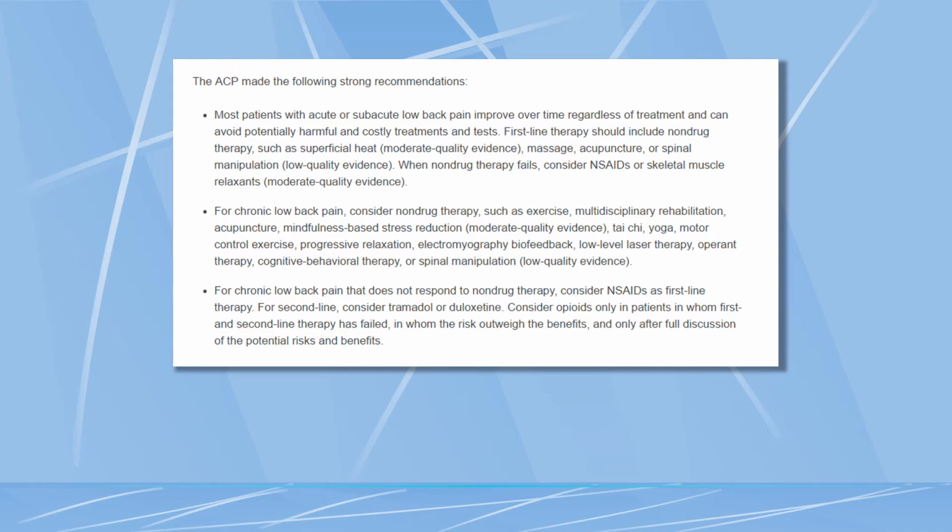But if we look at the individuals with chronic low back pain, their non-drug intervention strategies include things like exercise, but also things like multidisciplinary rehabilitation, mindfulness, Tai Chi, yoga, progressive relaxation, operant therapy, cognitive behavioral therapy, etc. And so these really relate to individuals who may have some psychosocial overlay.